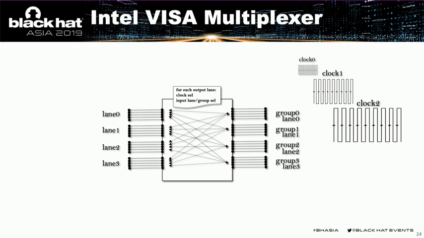Let's consider the VISA multiplexer more closely. Every multiplexer consists of a number of output lanes. Also, it has one or more input lanes associated with output lanes of other multiplexers from the previous level, or with an output group of hardware signals.